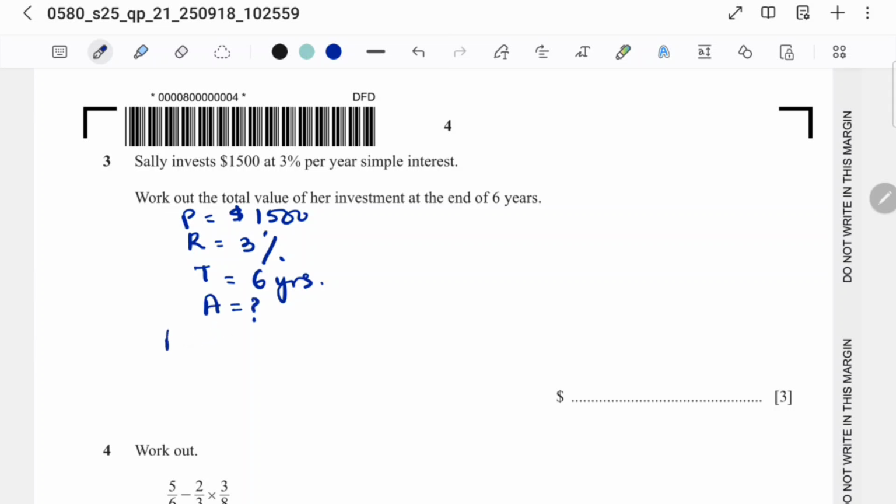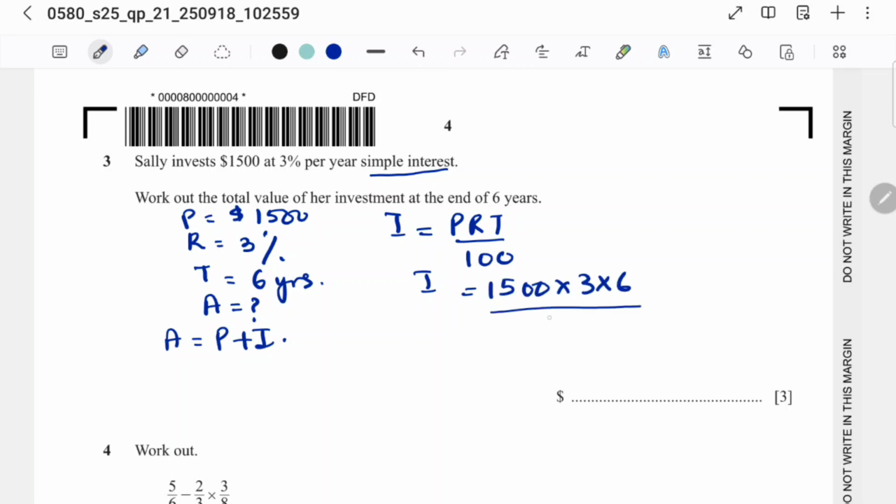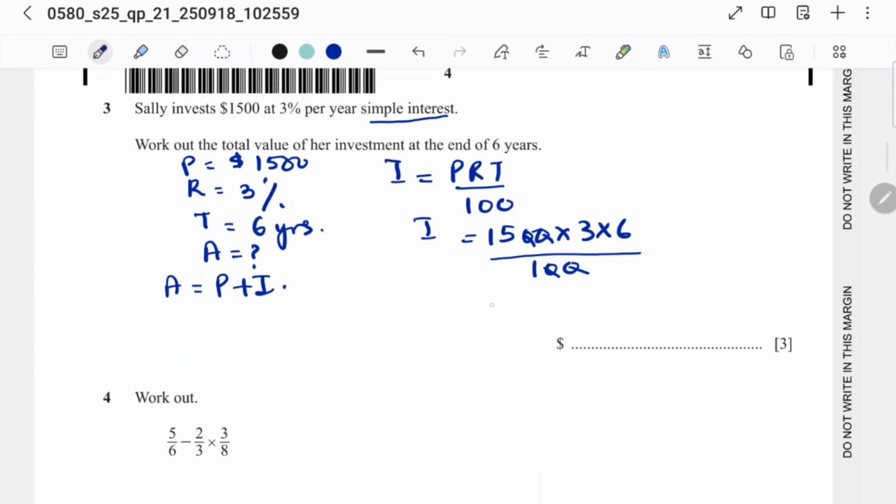And you know the amount is equal to the principal plus interest. For that, you need to find out the interest. So in simple interest, I equals PRT upon 100, and I is required. P is 1500 times 3 times 6 upon 100. Just cancel it, and then you will have 15 times 3 is 45, times 6, and that is equal to 270. So we found interest is equal to 270.